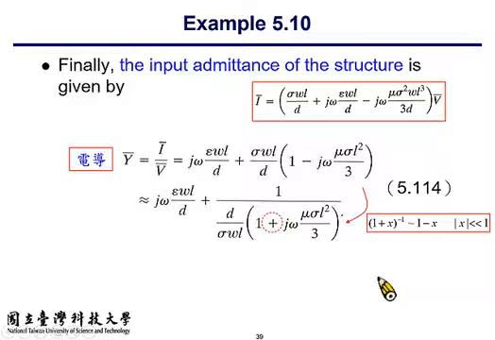So in this slide, it tries to write up the expression in terms of admittance. So it's defined as the ratio of current over voltage.